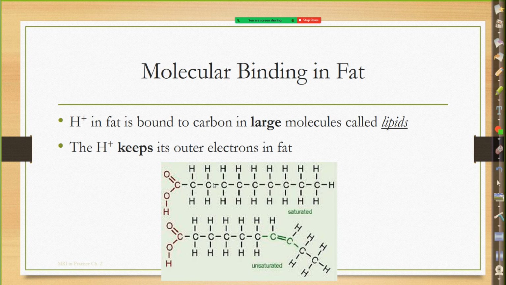Just the way that it's structured, the hydrogen proton keeps its outer shell electron. It's not going to give that outer shell electron to carbon. It's going to keep it. So it's going to orbit hydrogen.